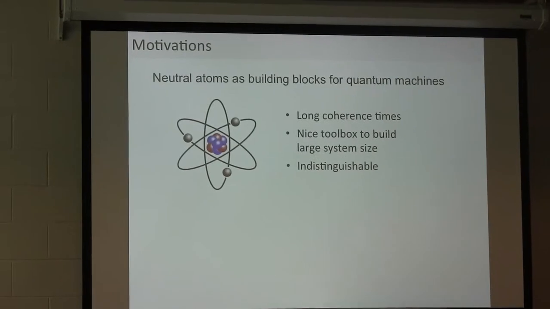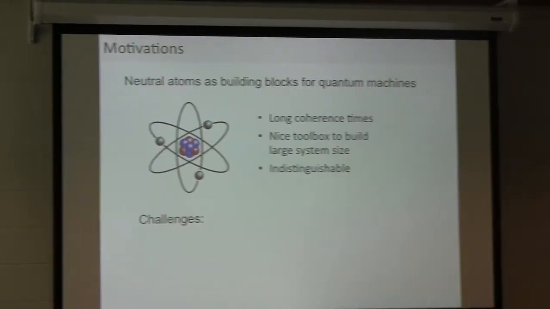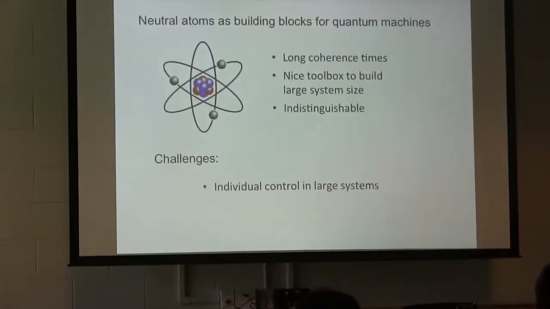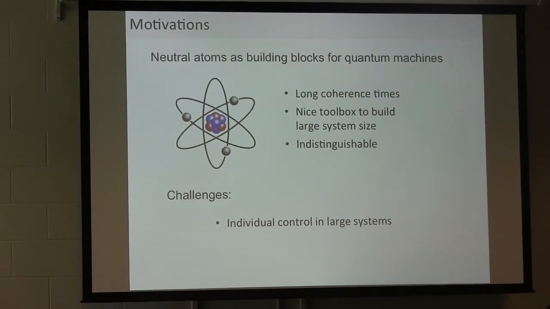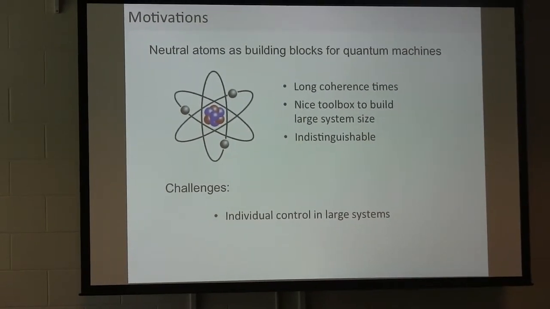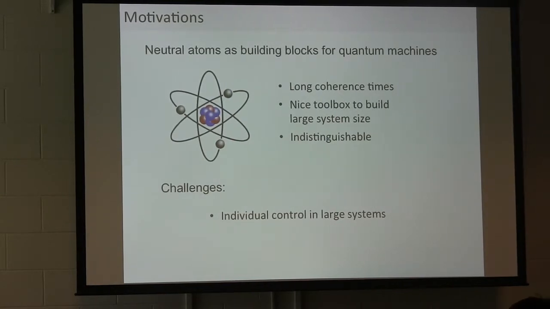But of course, there are also challenges to address along this way, among which are how to individually control these neutral atoms in large systems. For example, how do you make a zero entropy state to start with? And of course, how do you make these atoms interact over reasonably large distances?